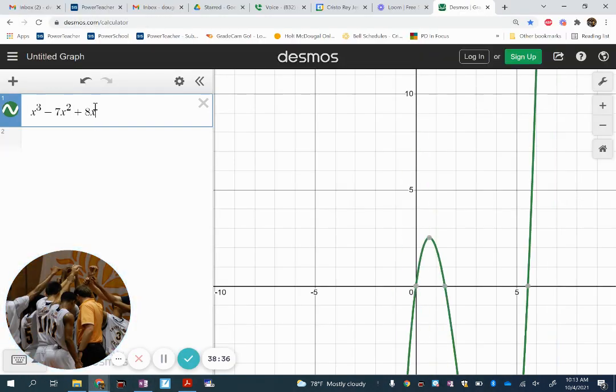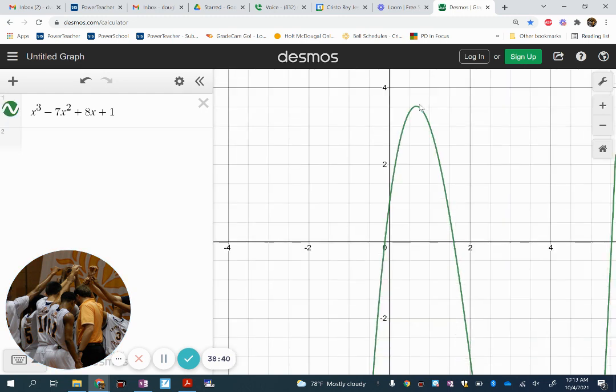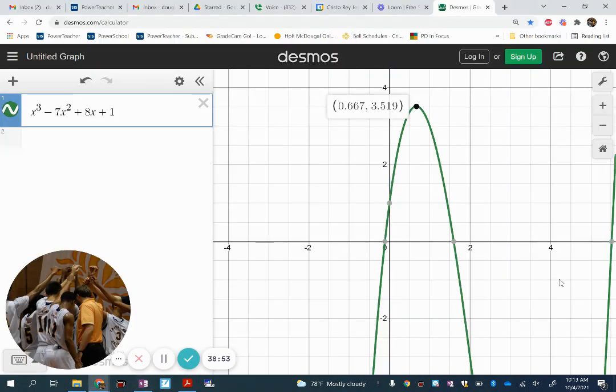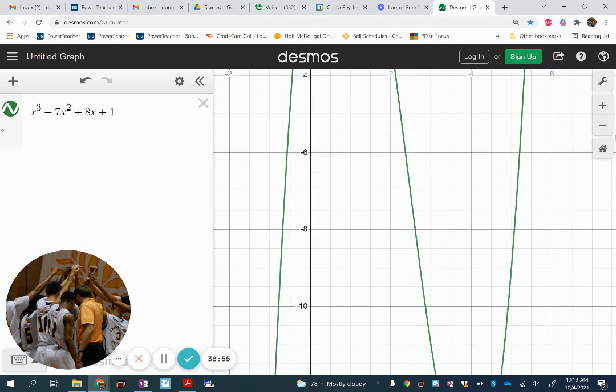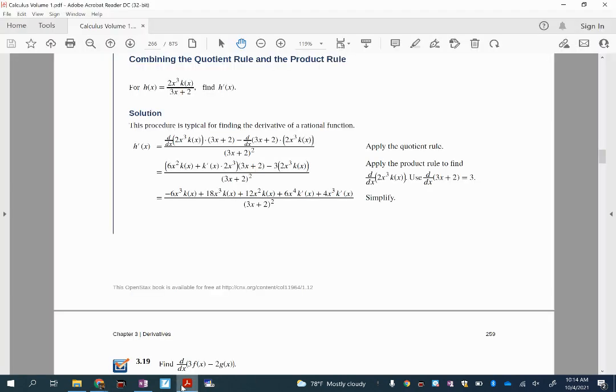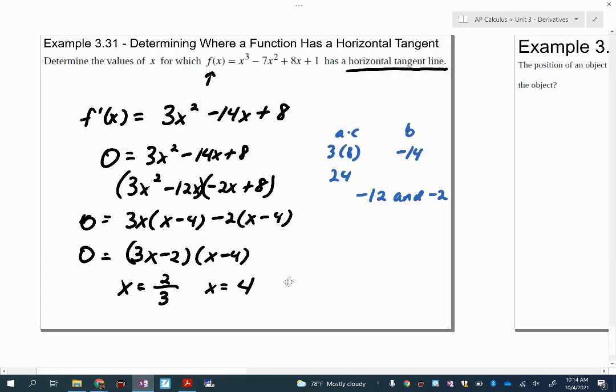All right, so if I zoom in on this point here, which is the relative maximum, you'll notice that x value is 0.667, which confirms my 2/3 there. And my other relative extrema, minimum or maximum, is down here. The horizontal tangent line would be at 4. So we can see that we have x equals 4 for the other one.